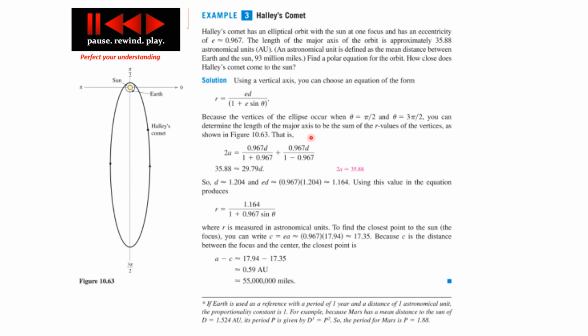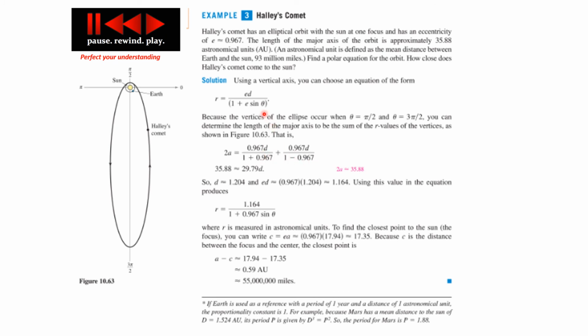Now the vertices of an ellipse occur when theta equals pi over 2 up here, and when theta is equal to 3 pi over 2. So we can determine the length of the major axis as the sum of the r values that we get from this. It's the r going this way and the r going that way. So that means that 2a is equal to, and I'm just plugging e and the sine of theta for those values into this equation.